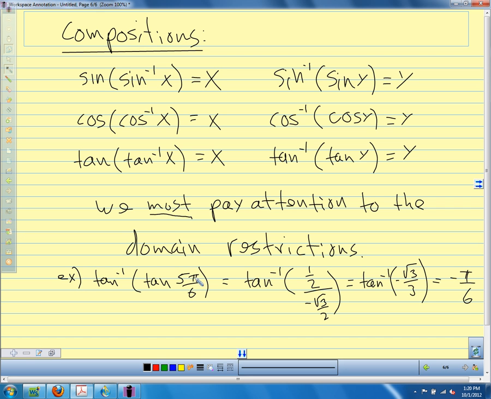If my angle is inside my allowed domain, then the tangent and inverse tangent undo each other. But if it's outside, I have to find the angle that's in my restricted domain. Once you practice with this a little bit, it'll start making more sense.